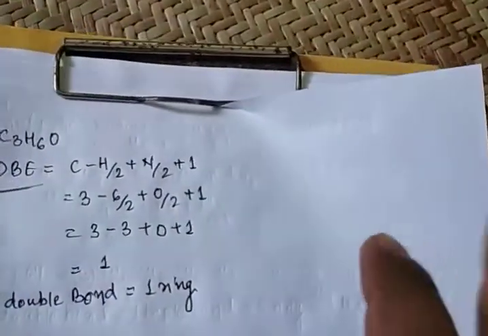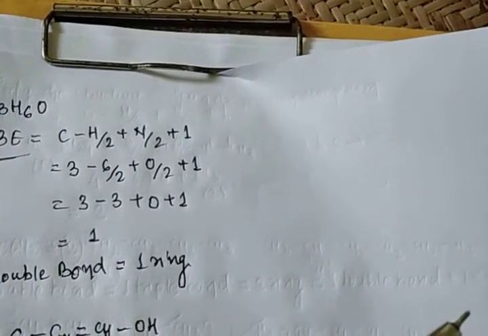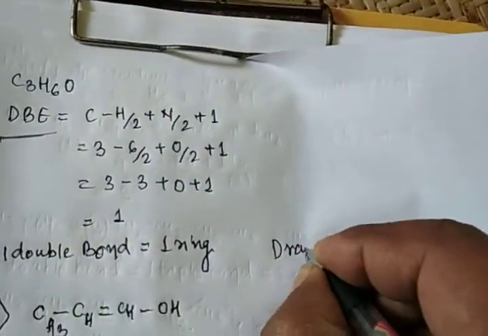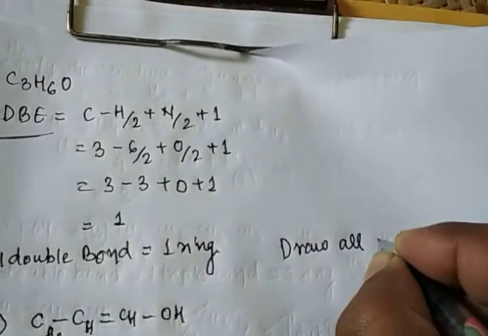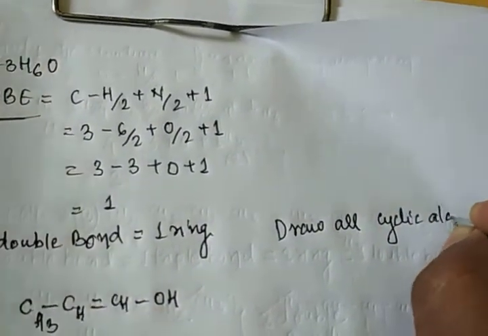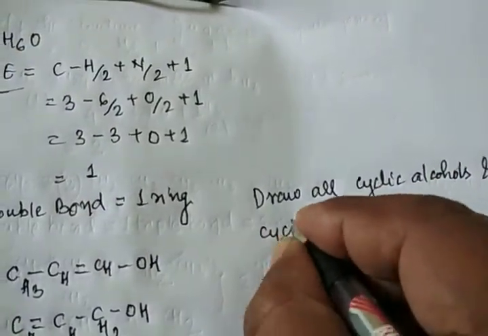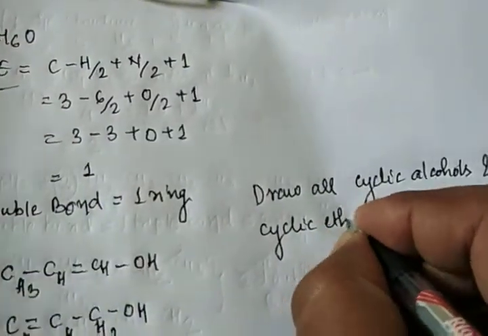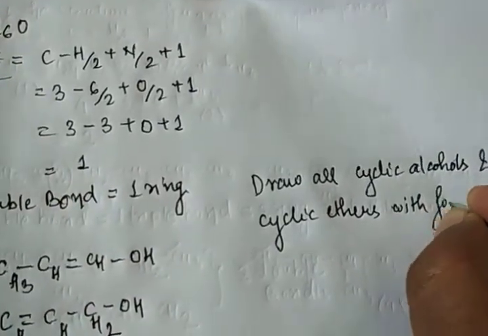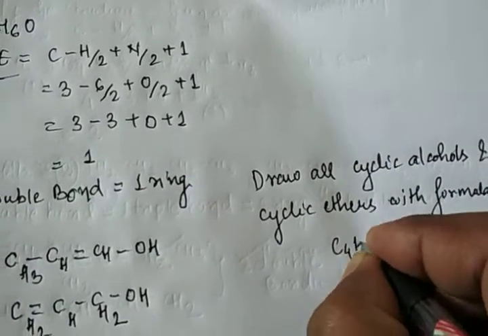Draw all cyclic alcohols and cyclic ethers with formula C4H8O.